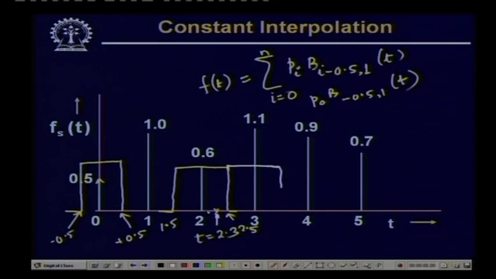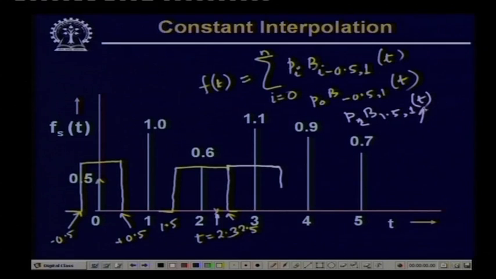So, at t equal to 2.3, if I expand this, I will have a single term which is equal to P 2 into B 1.5 1 t.